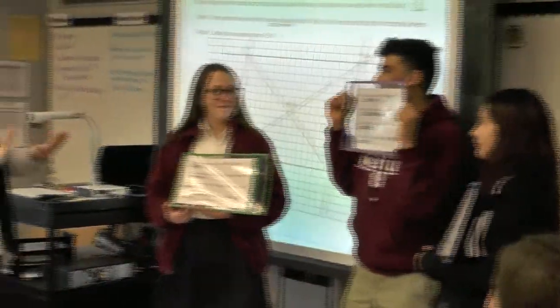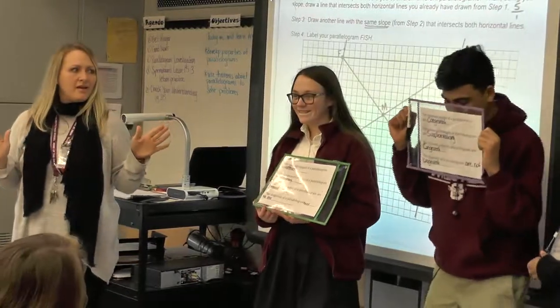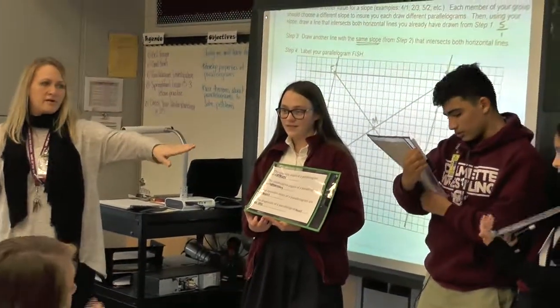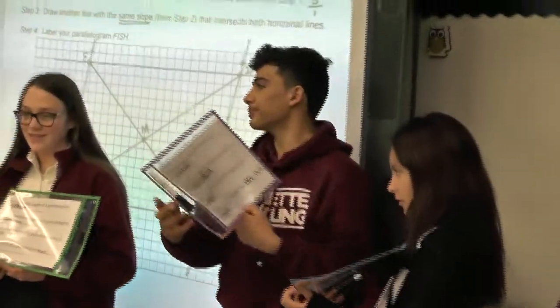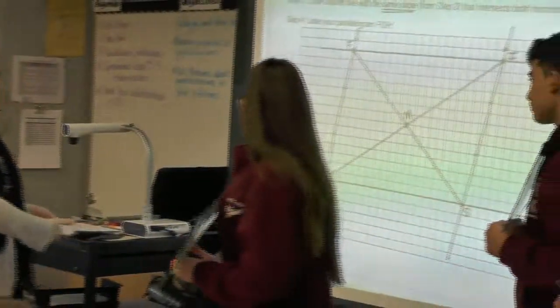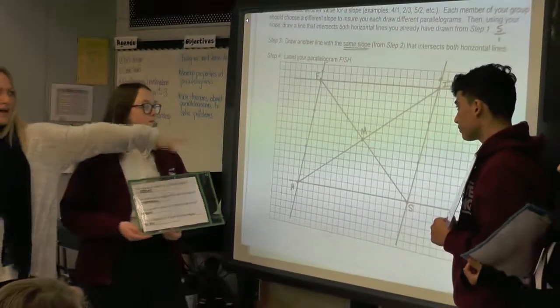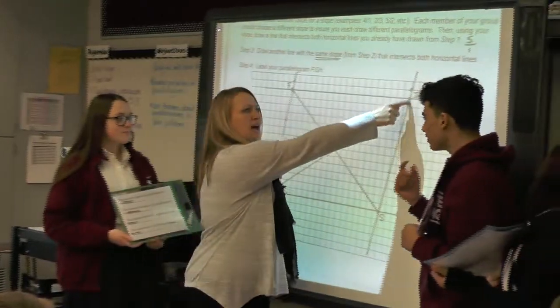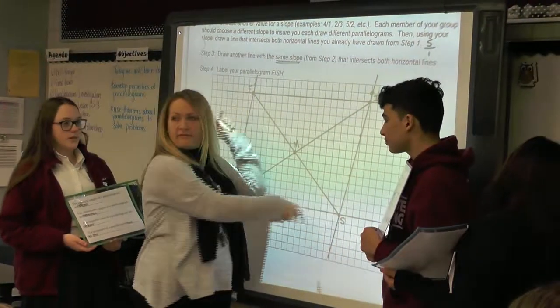So for diagonals, we came up with something different for each group. Mohammed, what did your group say about your diagonals? Are not congruent. Okay, the diagonals are not congruent. When you drew your diagonals and they met at point M, was this whole diagonal HI the same length as this one, FS?